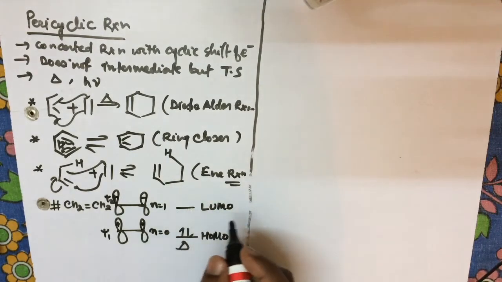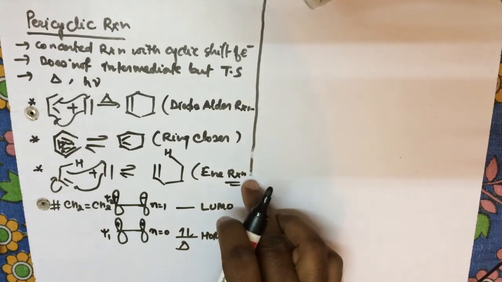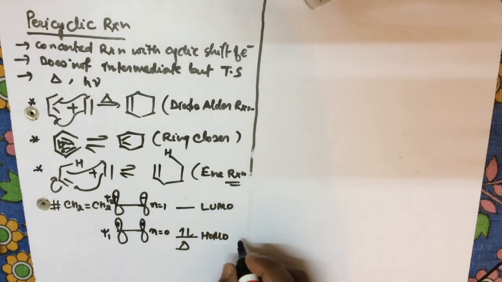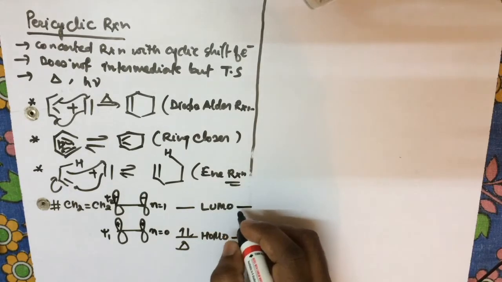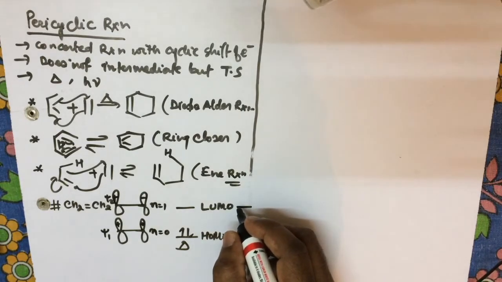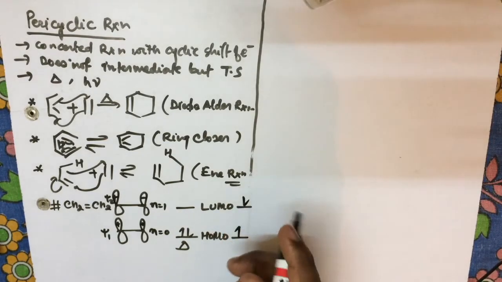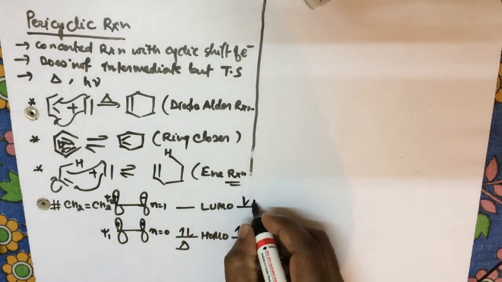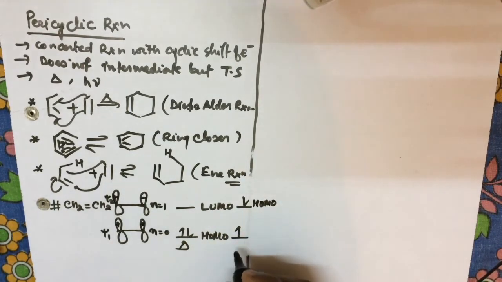Under light condition, this electron goes up like this, so this becomes HOMO.